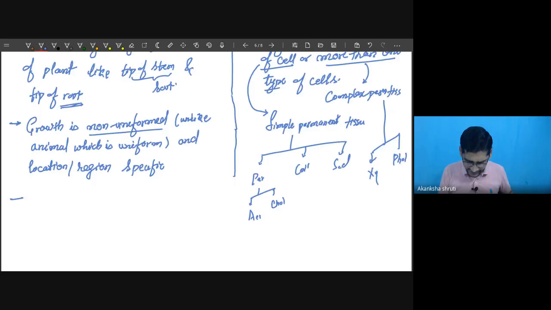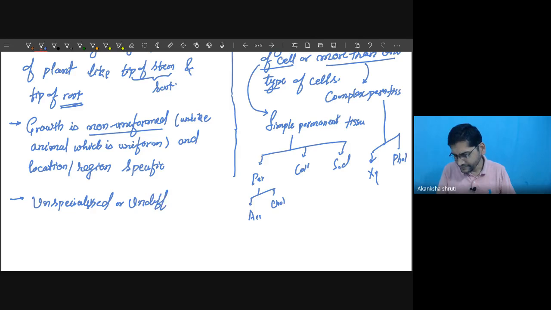Another thing, these growing tissues or meristematic tissues are unspecialized or undifferentiated tissues. Doing a specific task is called specialized; not doing a specific task means unspecialized. So these are unspecialized or undifferentiated tissues.